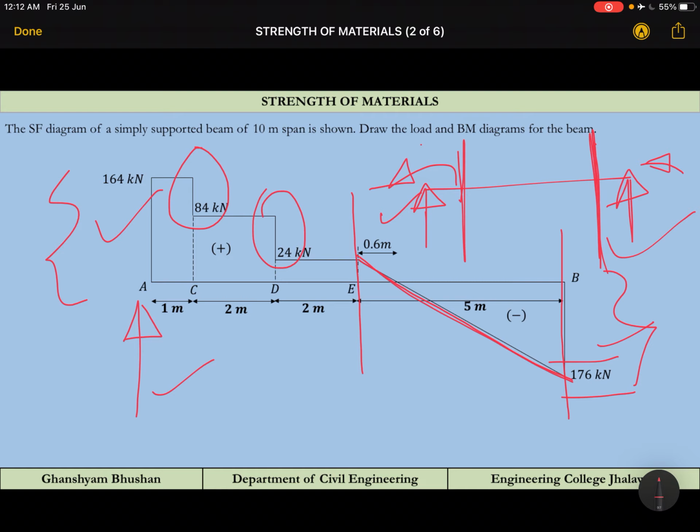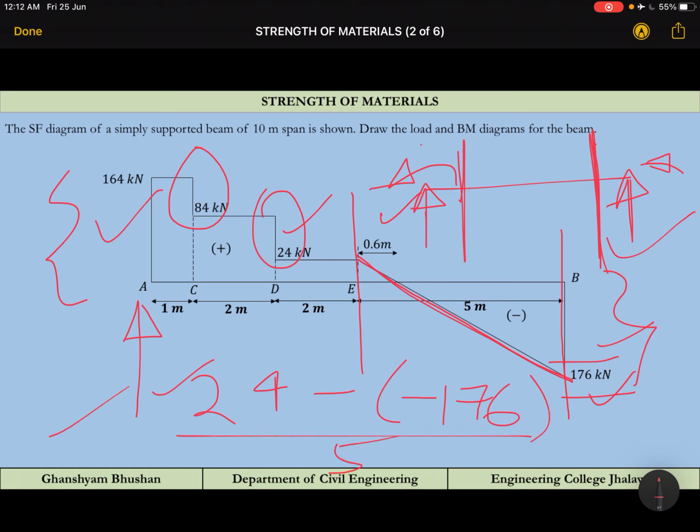Here it is 24 kilonewton, here it is 176 kilonewton. The change is 24 minus 176 over 5 meters, so 200 divided by 5. That means the UDL acting in this span is 40 kilonewton per meter.